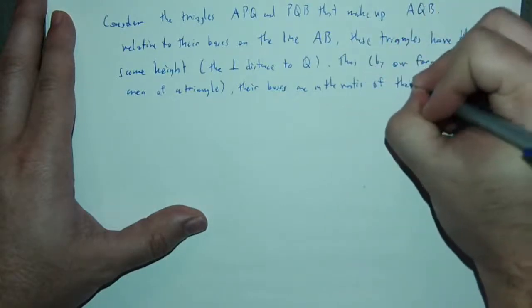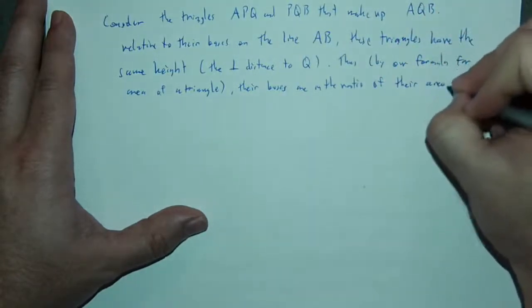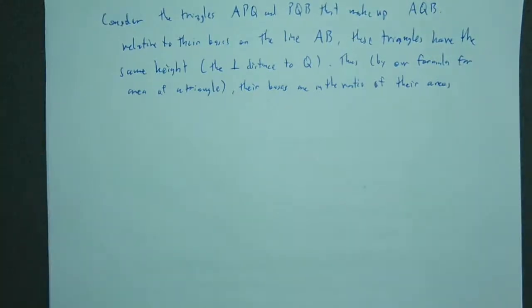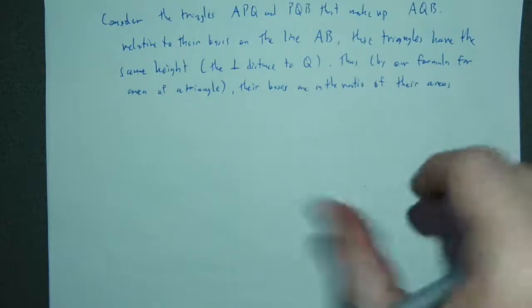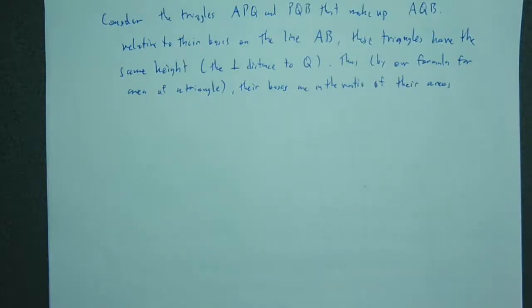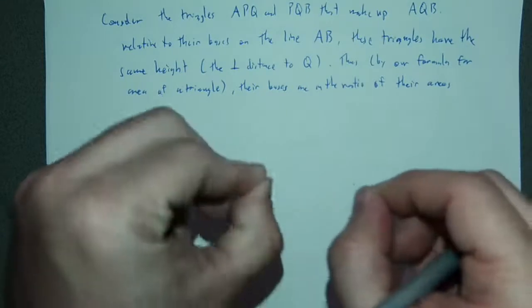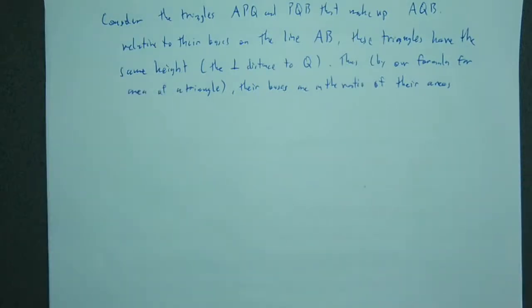What this comes from is, remember we said considering a fixed height, right? The bases were proportional to the area, right? So fix a height between two triangles, the bases had to be in the proportion of their area, because the only other thing left in that formula was the base, right?